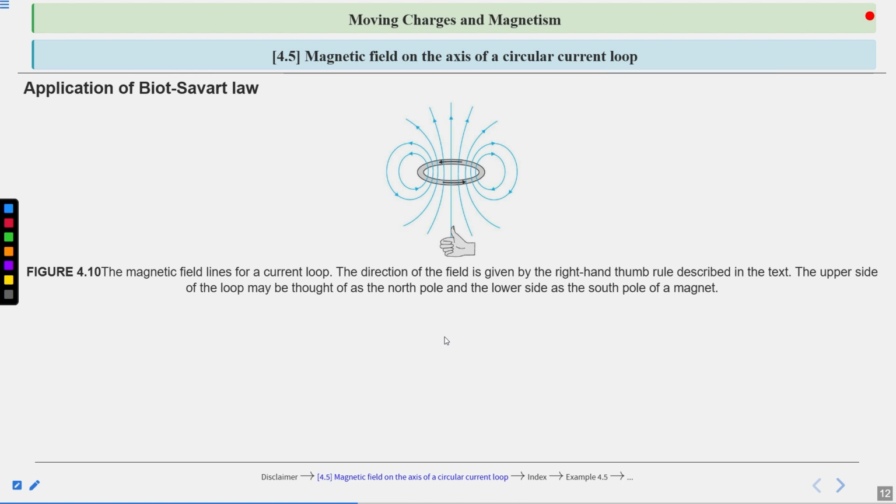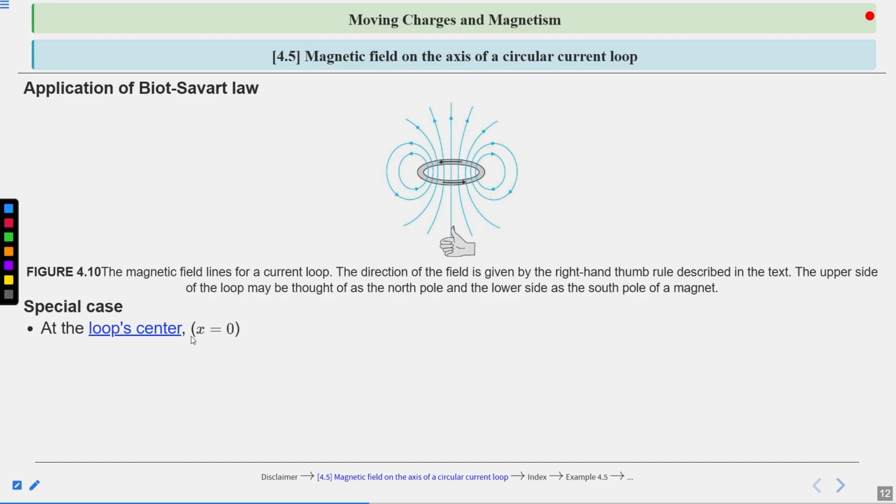If you are viewing the loop from any end and the direction of the current at that end is anti-clockwise, then the pole is north pole. If the direction of current is clockwise, then the pole is south pole. Got it? So it is a special case.